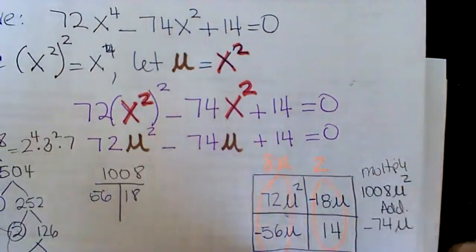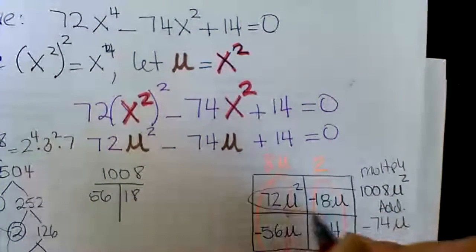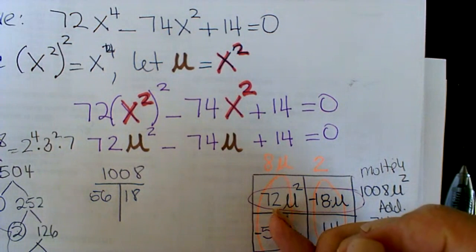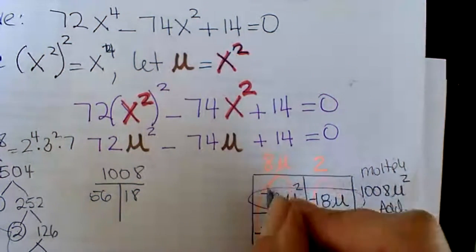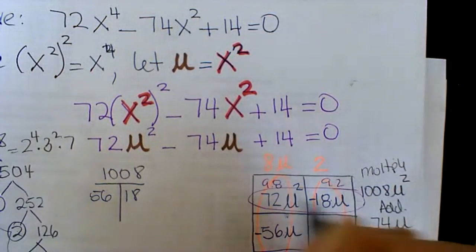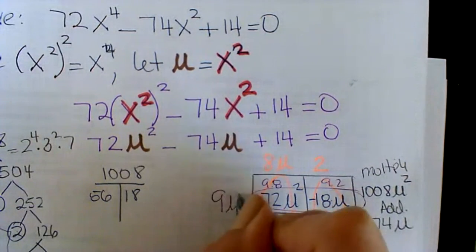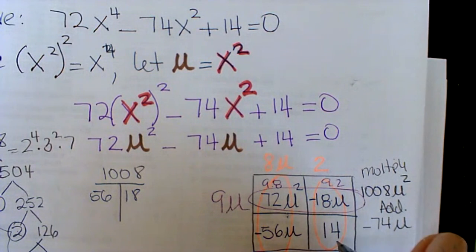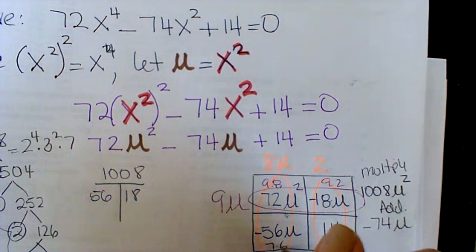What about this 2? The 9. 9 times 8. 9 times 2. And 56 and 14, the 7.